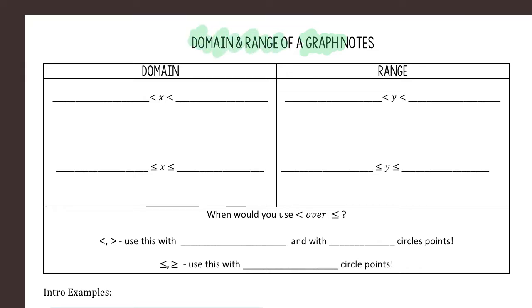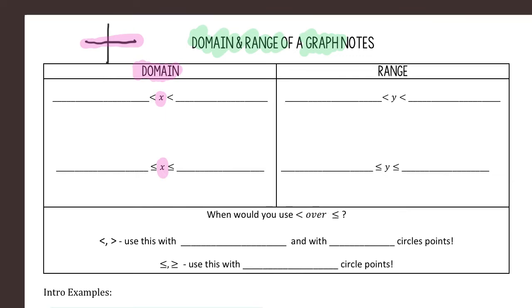If you'll remember from yesterday, when we talked about domain, the variable that should come to mind is x. So when we look at the domain on a graph, we're focusing in on what these x values can be. The domain is all the possible x values that a graph can take on.